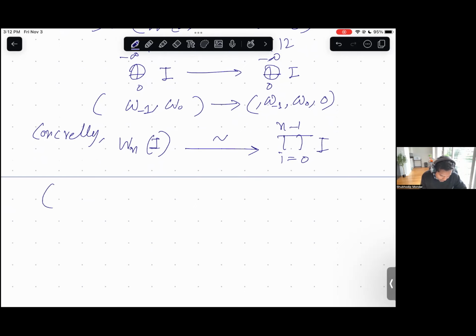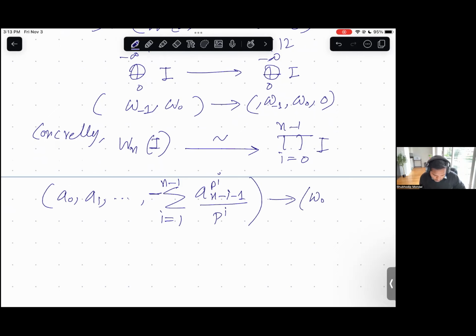So more concretely, what you see is that, say, if we take some expression like this, then this will be mapped to W0, W1, Wn minus 2, and then 0 in the end.